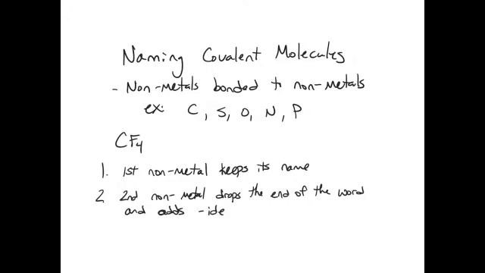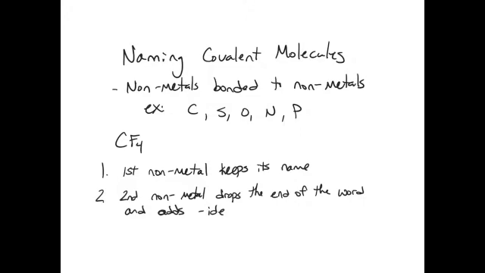For both elements, you need to use a prefix before the name to represent how many of the atom you have in the molecule. For example, if you have 4 fluorine, you use the prefix tetra. Tetra stands for 4. Now, the prefixes are listed on the back side of your periodic table in the bottom left-hand corner.